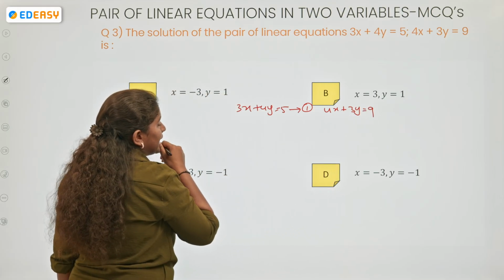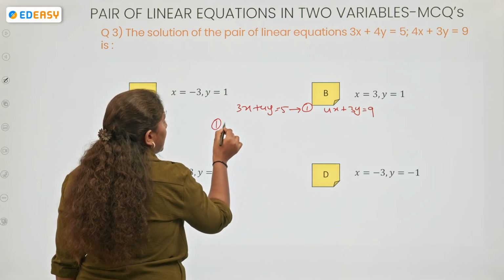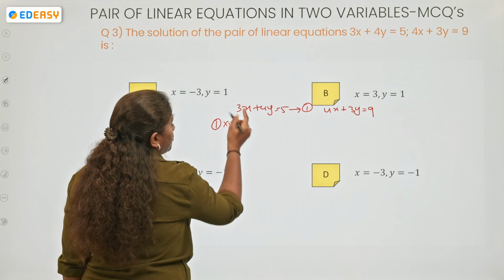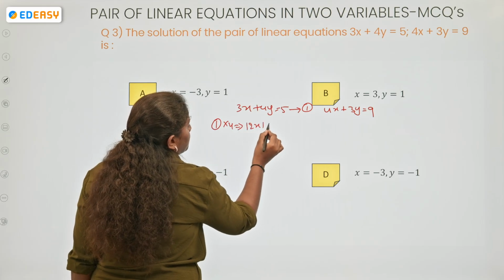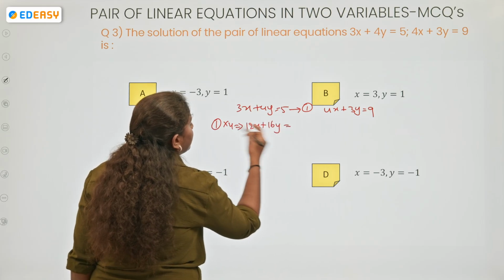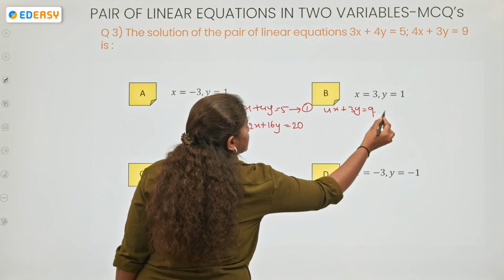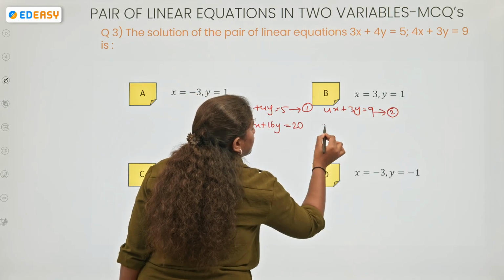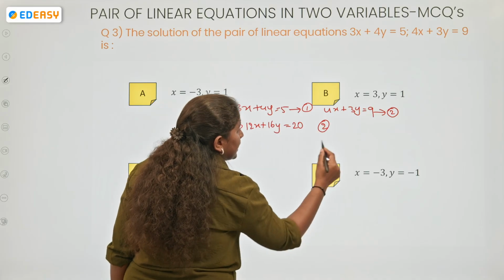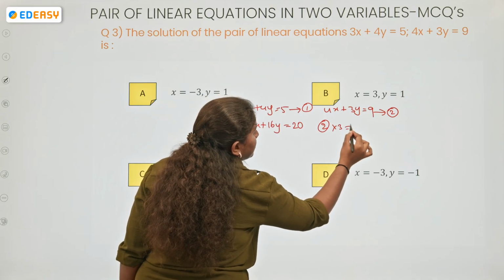I want to eliminate x. So first equation I am multiplying with 4. Now 4 3s are 12x, 4 4s are 16y and 4 5s are 20. And coming to your second equation, as I am going to eliminate the x, the second equation is multiplied by 3.